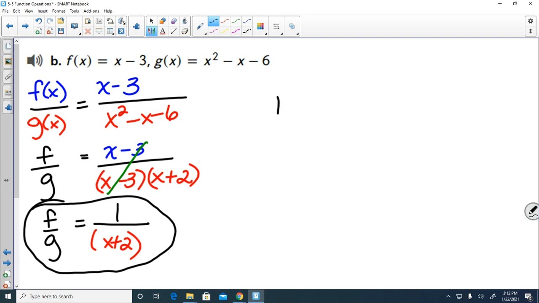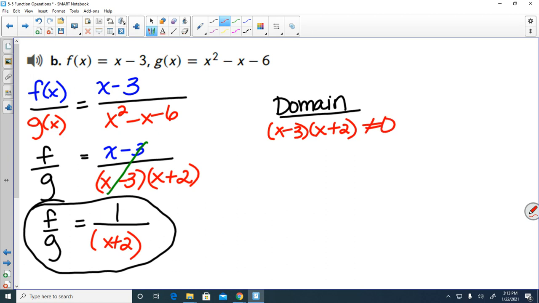So then when I go to find my domain, remember my denominator is not allowed to be equal to 0. So this was the original denominator, but I changed the way that looked by factoring it. So I'm going to go with the middle part. I'm going to say x minus 3 times x plus 2 is not allowed to be 0. So I can solve that further by saying x minus 3 is not allowed to be 0, and x plus 2 is also not allowed to be 0. Solve that. X is not allowed to be 3, or x is not allowed to be -2.